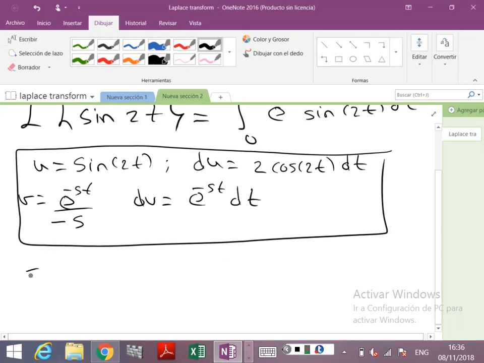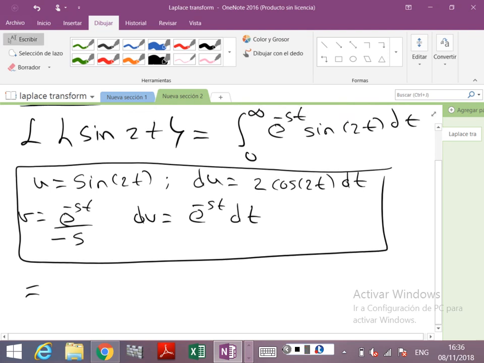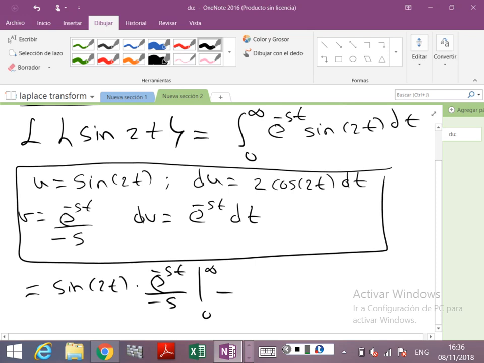So I'm just gonna replace. This is my integral. So it's u times v. So I go sine of 2t times e to the minus st over minus s, and I can write here from 0 to infinity, minus the integral of v du.